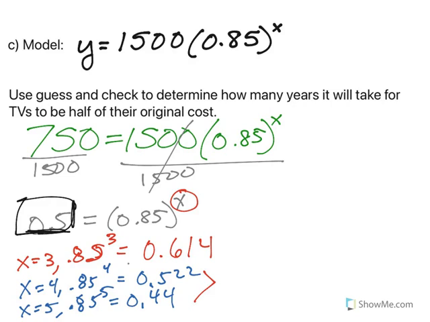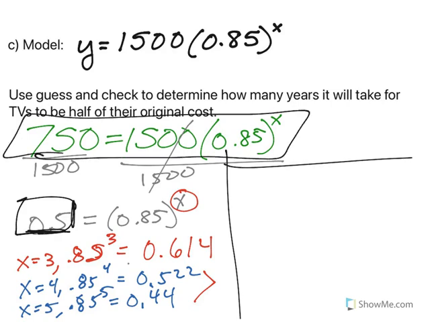Now, some people say that is so confusing because that's decimals. Great. Then say forget that and start over and say, okay, I'm using this equation. So again, we're going to use x equals 3. So I'm going to take 1,500 times 0.85 to the third power. And that gives us 921.19.